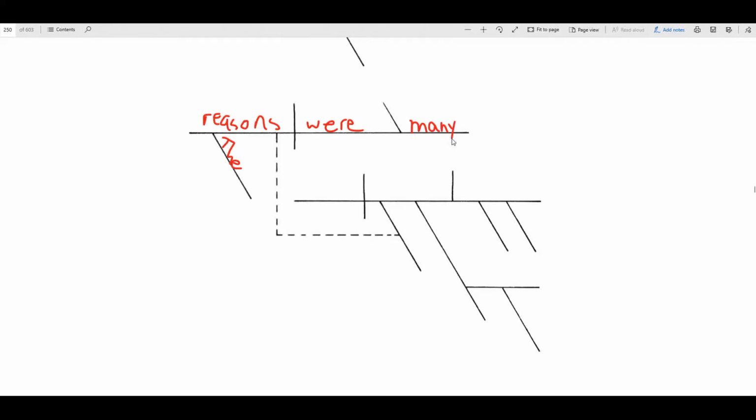Okay, so now we need to come down, and we're going to diagram the dependent clause, which is an adverbial or adverb clause. This one's giving us the why, and the word they use is why. So we have to make sure that we connect that with that, because this clause is giving us the why.